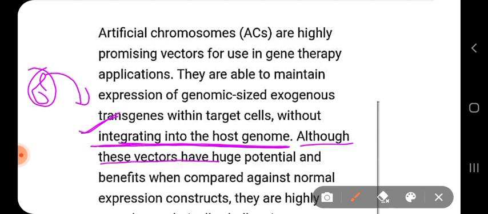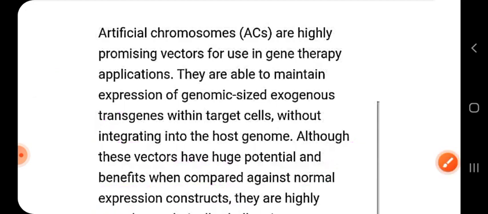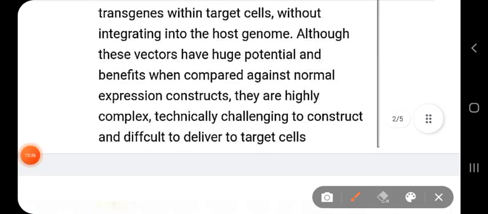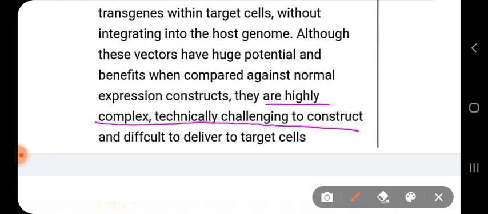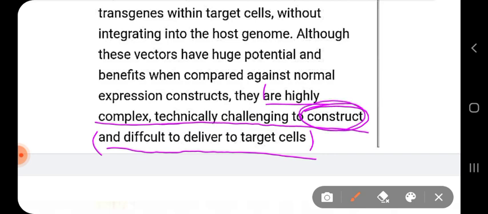Although these vectors have huge potential benefits compared to normal expression constructs, they are highly complex. Obviously, making an artificial chromosome is quite complicated, technically challenging to construct and difficult to deliver to the target cell. The main problem is, first, how we will construct it.